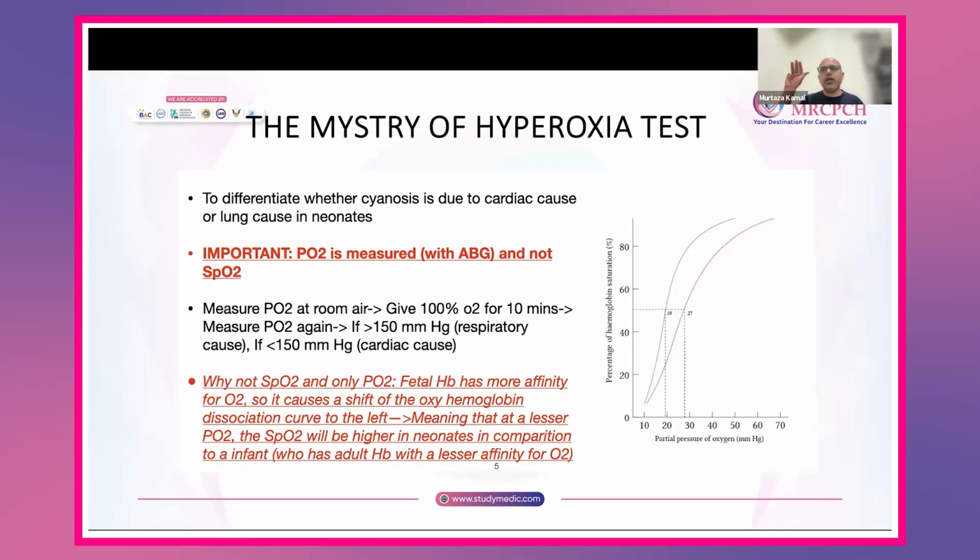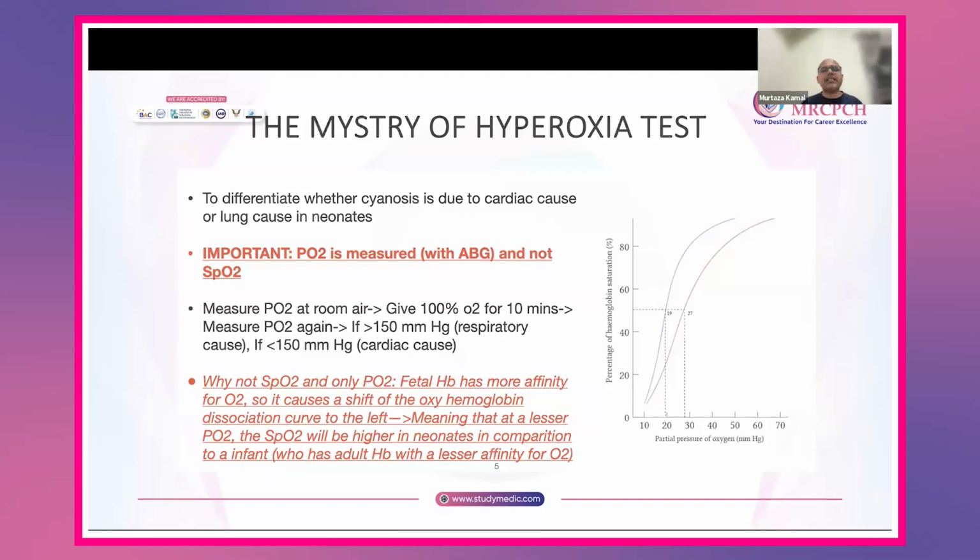You measure the PO2 at room air, give 100% oxygen for 10 minutes, again take the ABG and measure it again. If the PO2 is more than 150, the cause goes more towards respiratory causes of cyanosis. Whereas if it is not rising to more than 150, it is below 150, the cause is attributed to cardiac causes of cyanosis. So this is what we have to remember in the case of the hyperoxia test.